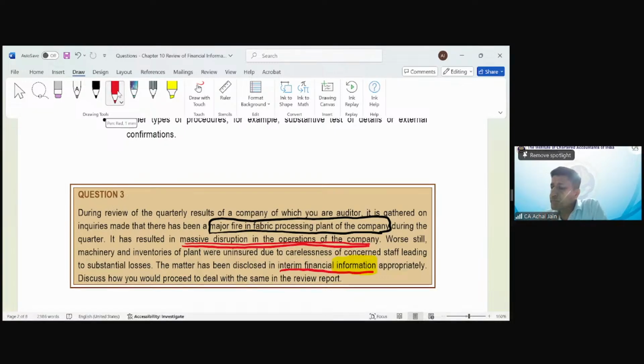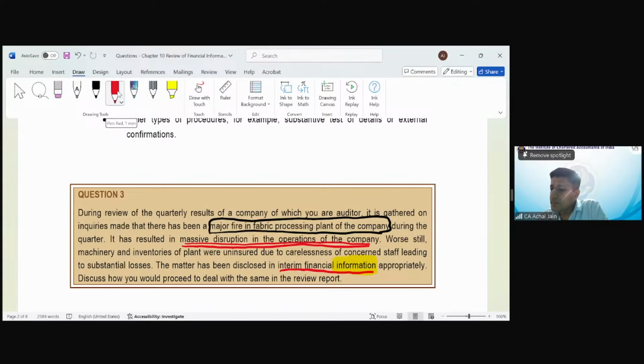Although the company has already disclosed the interim financial information appropriately, as part of his reporting the auditor will modify his review conclusion.